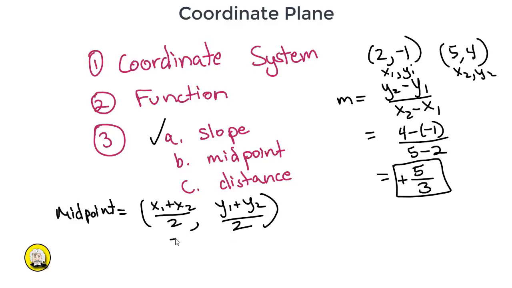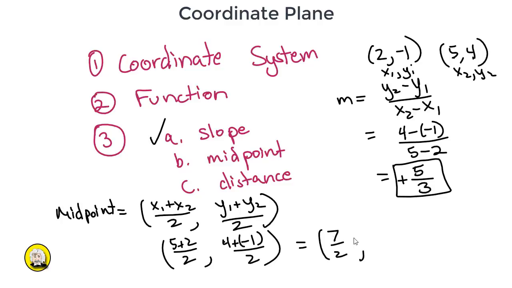So if we use our actual 2 points given to find the midpoint, that would be 5 plus 2, our x coordinates, divided by 2, and 4 minus 1, our y coordinates, added together, which is 3 over 2. As a result, our midpoint coordinates will be the point 7/2, 3/2.